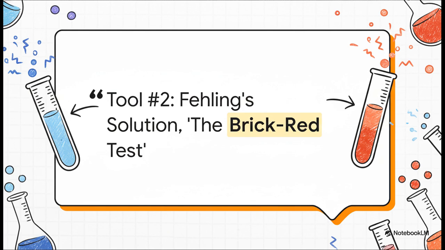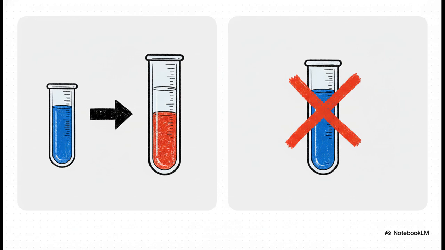All right, tool number 2. This is another test that uses a different visual signal to help us figure out our suspects. This one is all about a really dramatic color change, from a bright blue to a brick red. Okay, now this is where our detective work starts to get really interesting. Fehling's solution, just like Tollens, reacts with aldehydes, but not ketones. But it's a bit pickier.